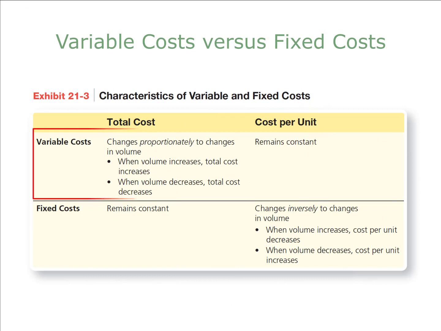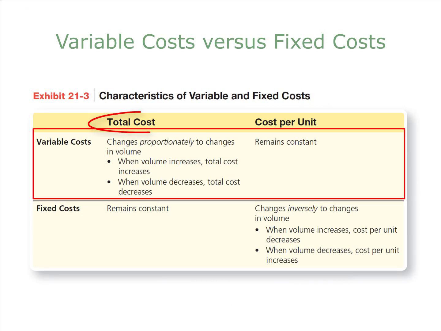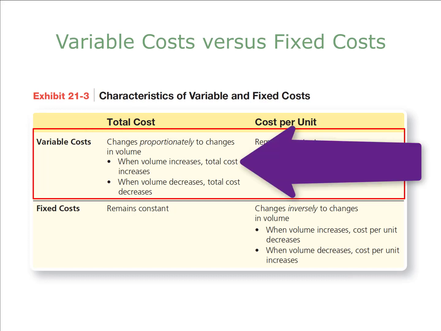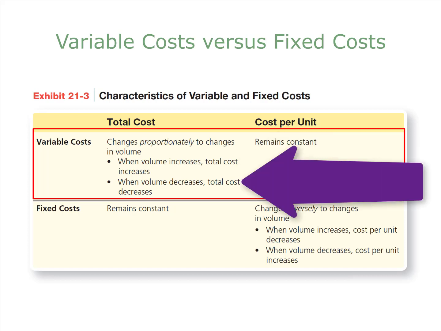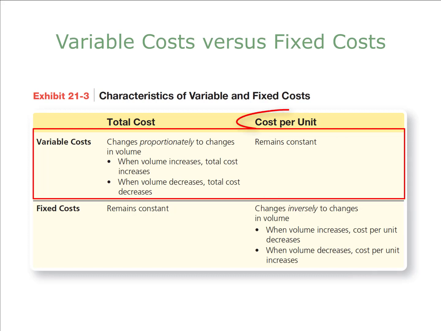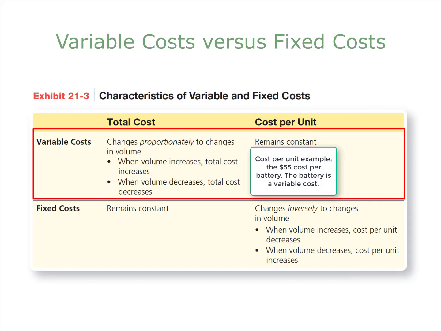So just to recap, with variable costs, total costs change proportionally to changes in volume. When volume of tablets produced increases, total variable cost increases. When volume decreases, total variable cost decreases. But the cost per unit remains constant with variable costs, such as the $55 cost per tablet for the battery.